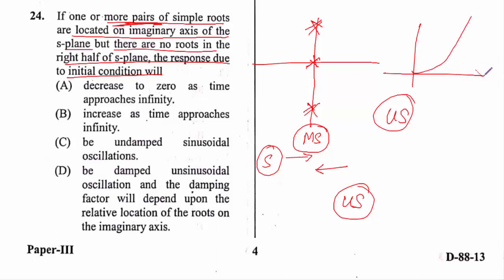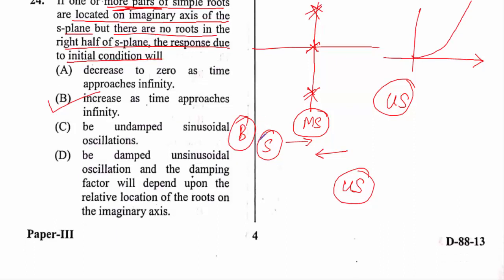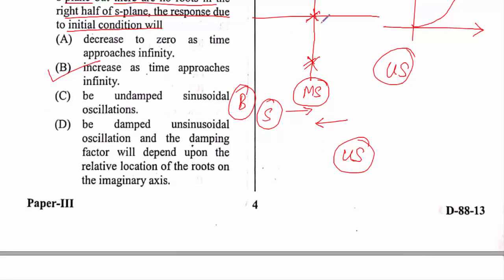As time tends to infinity, your output is also increasing and tending to infinity. So option B is going to follow. If you are having a single pole or a pair, you will be getting undamped sinusoidal oscillations. So these things are very, very important. You may get confused between option B and option C.